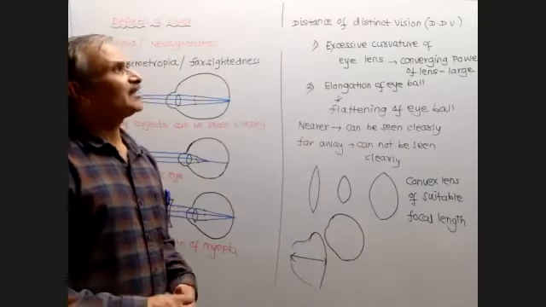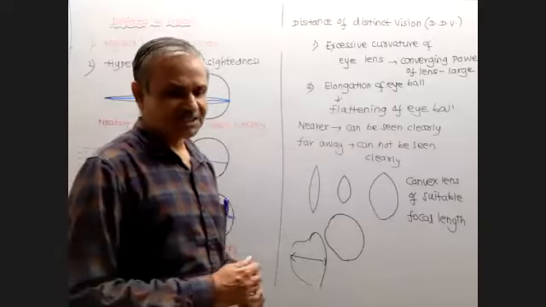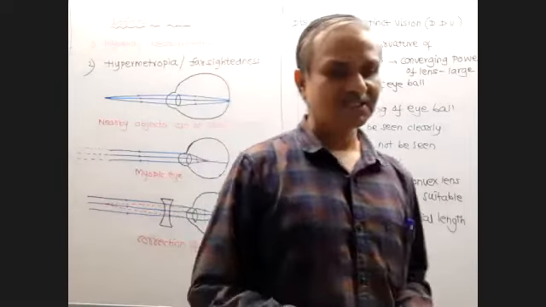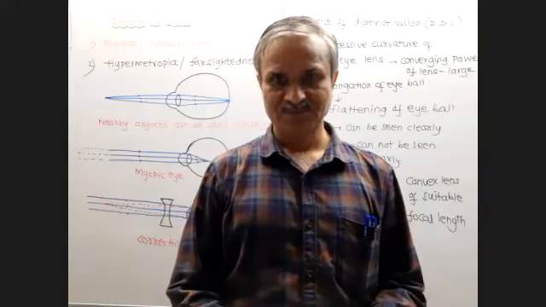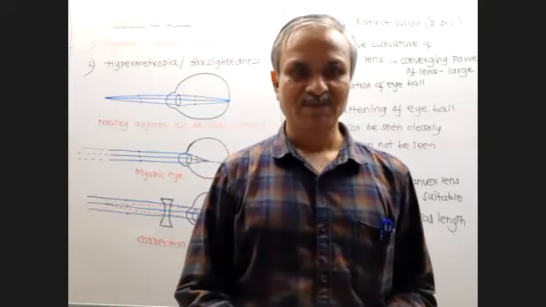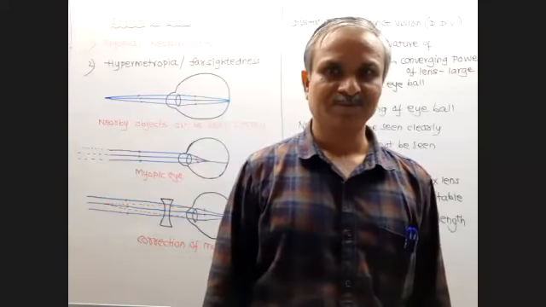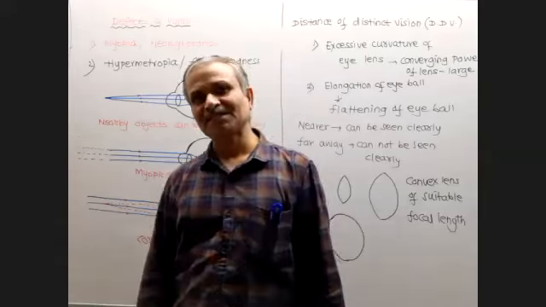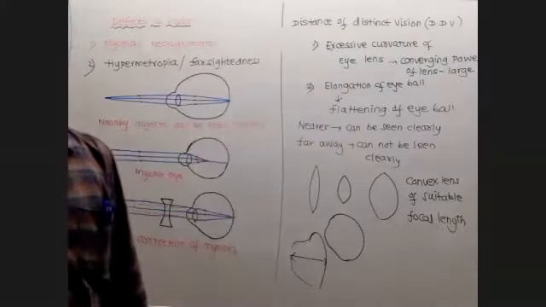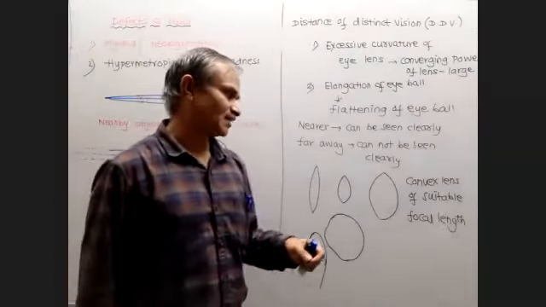But second, tell me the reasons or causes for myopia. Elongation of the eyeball and excessive curvature of the lens. Good. The curvature of the eye lens increases.